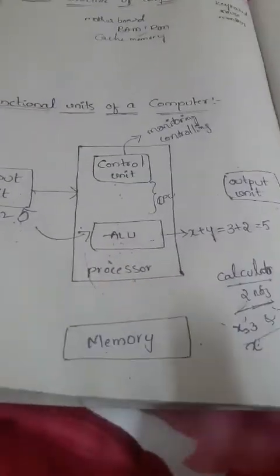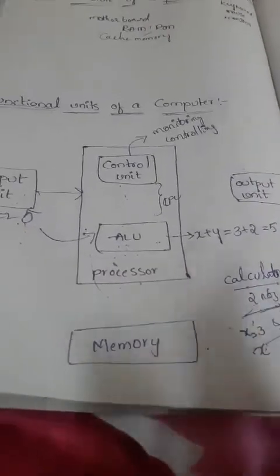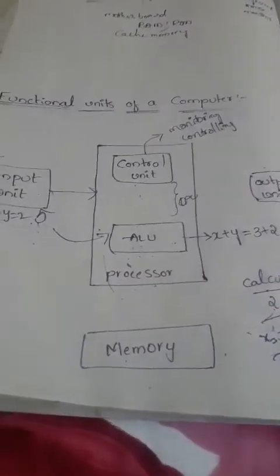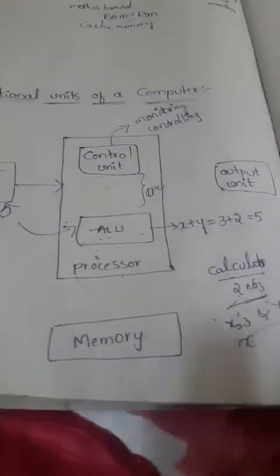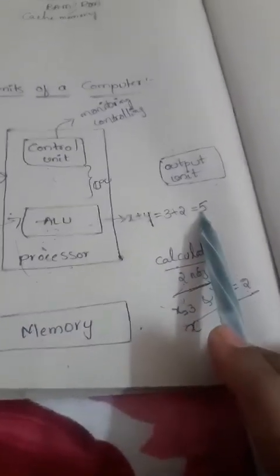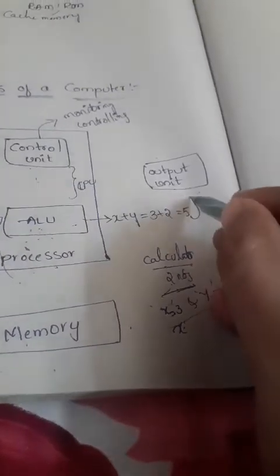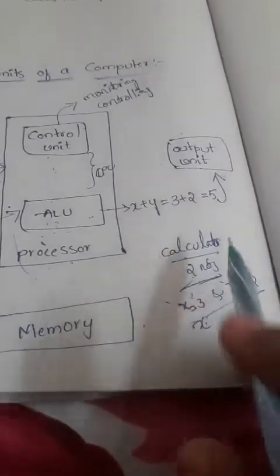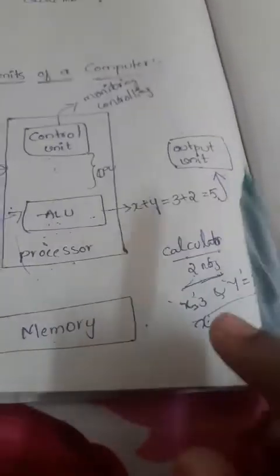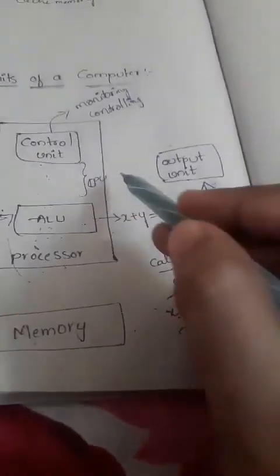That means the control signal raises the condition to do the addition operation, so then the ALU will do the addition operation only. Okay, so whatever result we got will be given to the output unit.